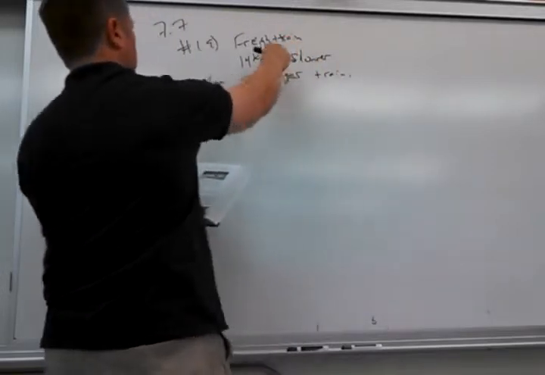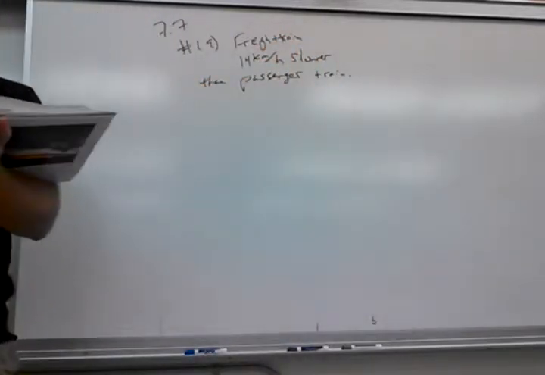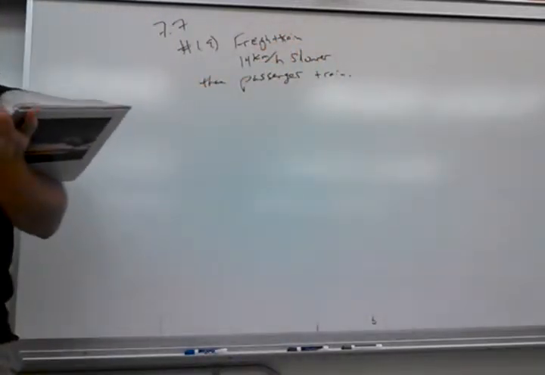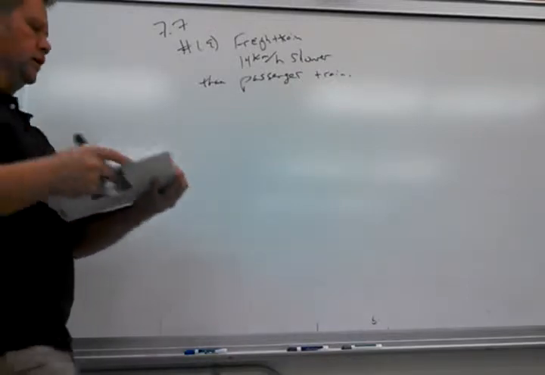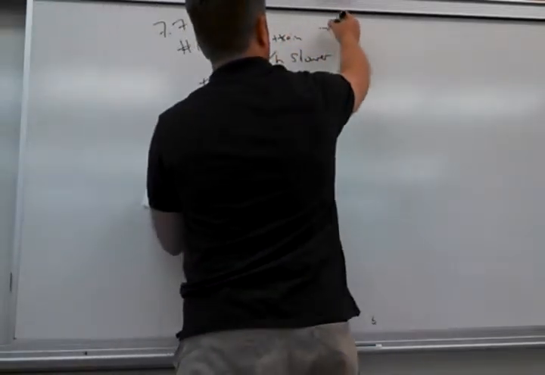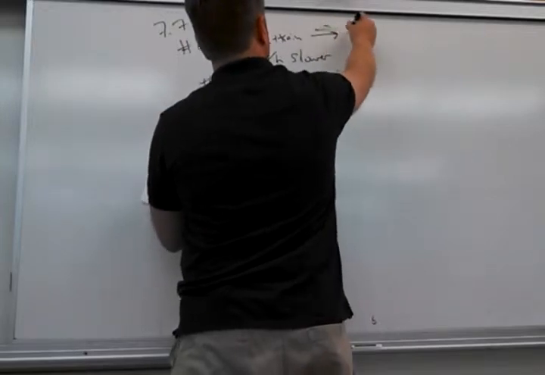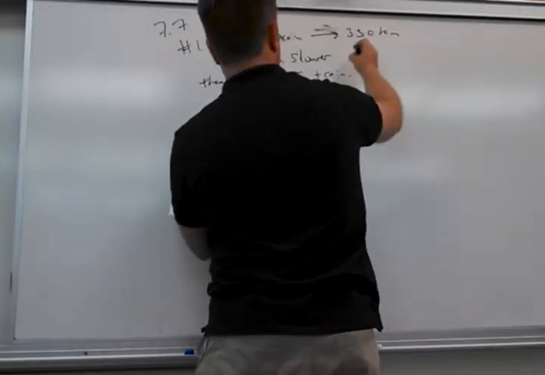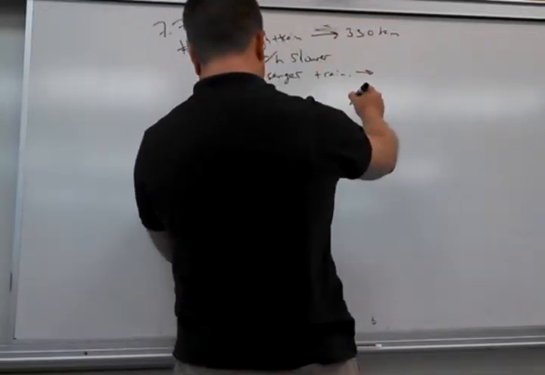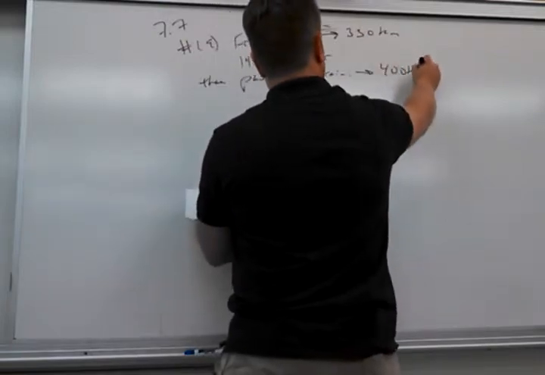So the freight train is slower than the passenger train. The freight train travels 330 kilometers in the same time that the passenger train travels 400 kilometers.